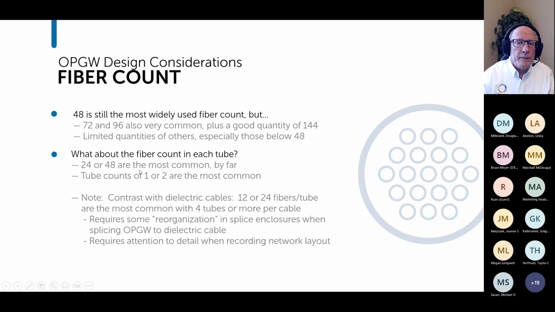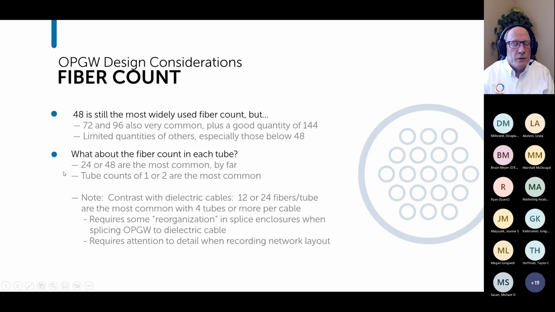That fiber count, give you some insight what we see. 48 is still by far the most widely used fiber count. We do see a lot of 72 and 96, good quantity of 144. We don't see much of anything below that. Below 48, I should say.